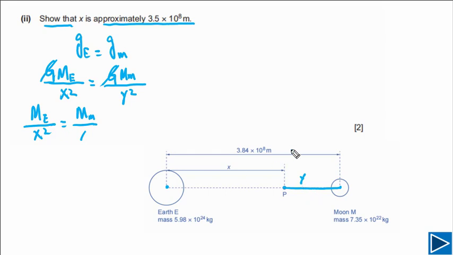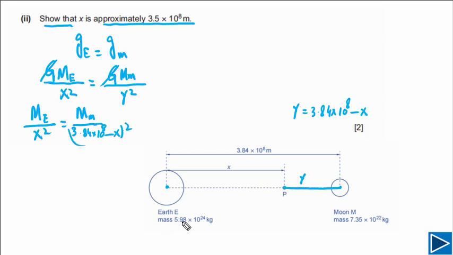In this case, y is equal to 3.84 times 10 to the 8 minus x, so we can plug in the value of y, squared.